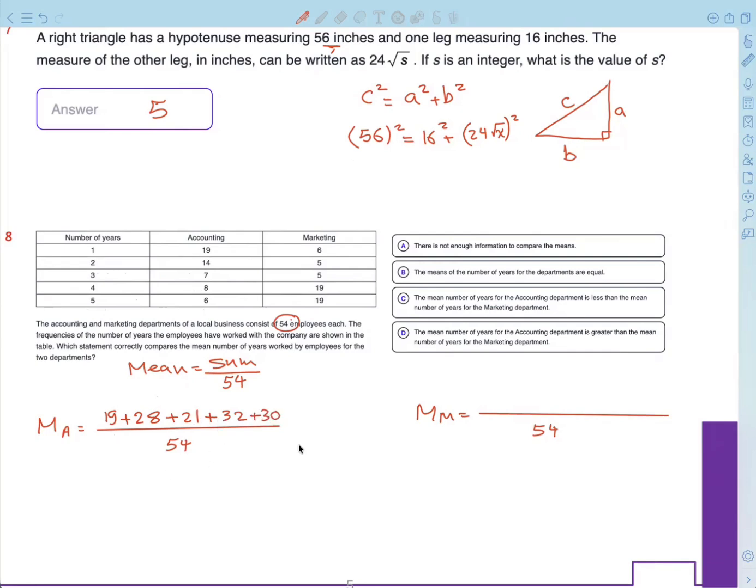Then you will calculate it. The same for the mean for marketing. 1 times 6 is 6. I'll write it quickly. This is 10, 15, and we have 4 times 19 and 5 times 19. So we will calculate both.